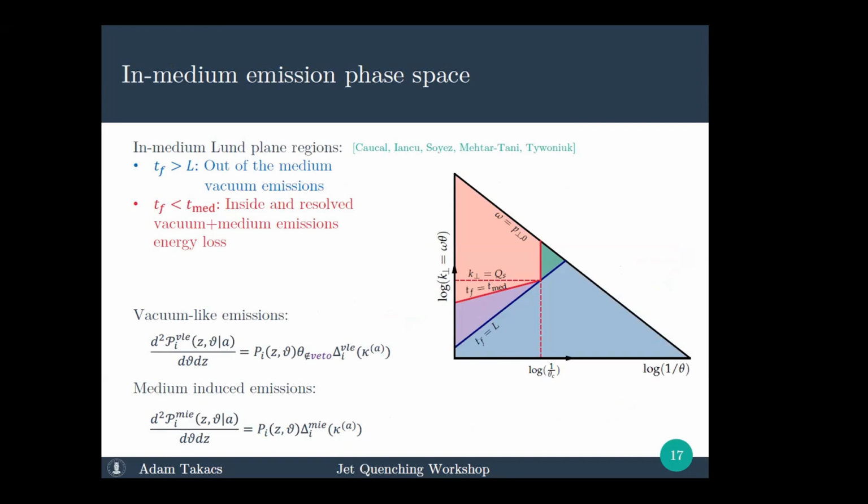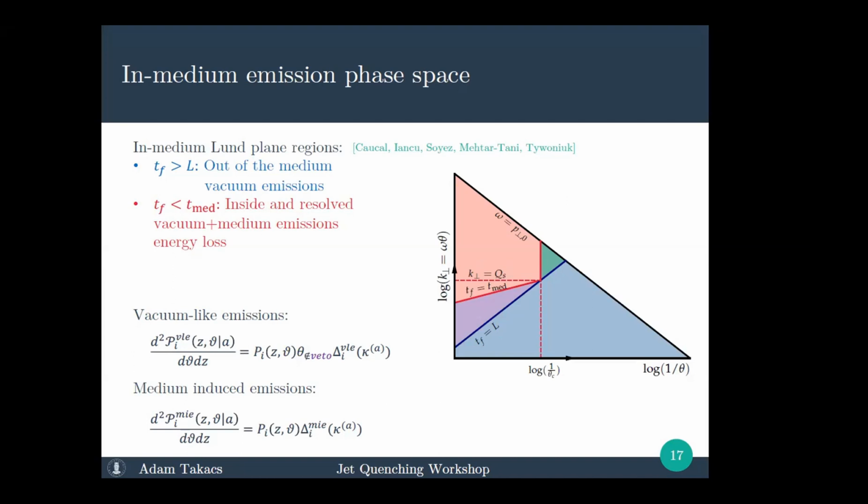But basically, what we're doing is that there is this Lund plane, as I introduced. The emissions have a formation time, which basically means: how long does it take for this emission to be formed? Like how fuzzy this emission is, when can I see that there are two objects from the emission?